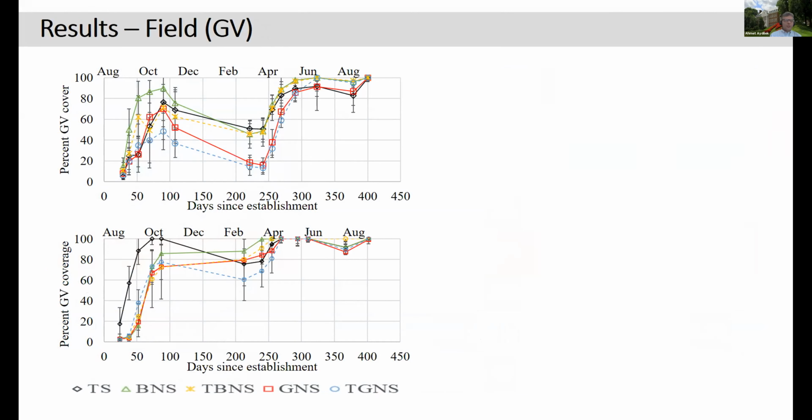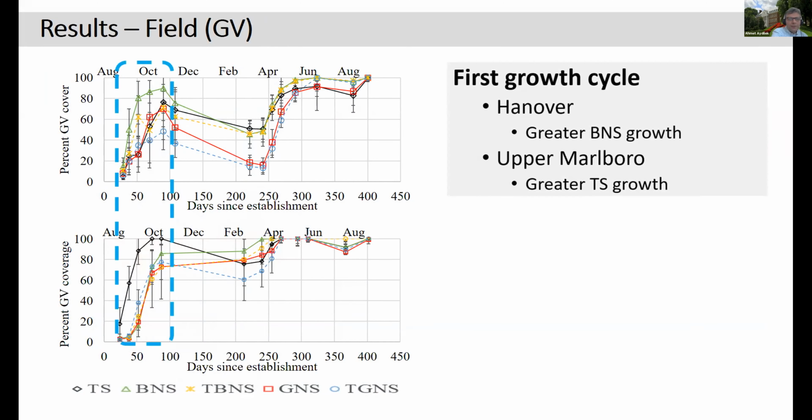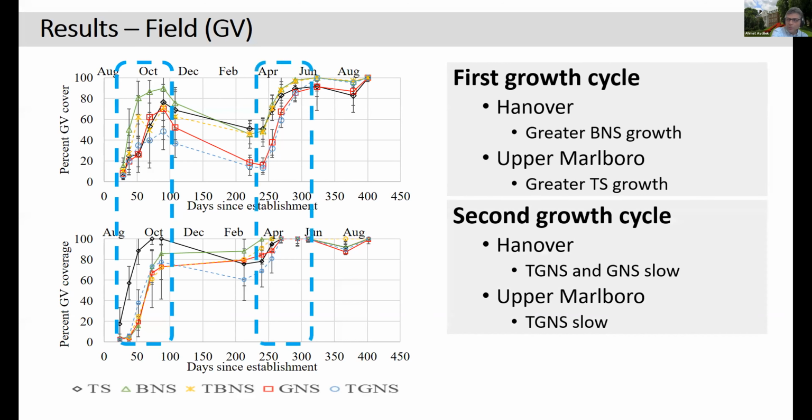Ground cover means vegetative growth, as measured by the image-based system. You can clearly see that at the first site, Hanover, Maryland, there's greater growth with the biosolids compost, and at Upper Marlboro, there was slightly higher growth with the topsoil compost.